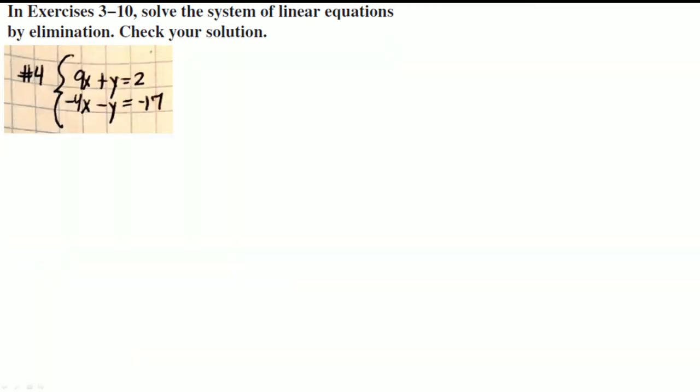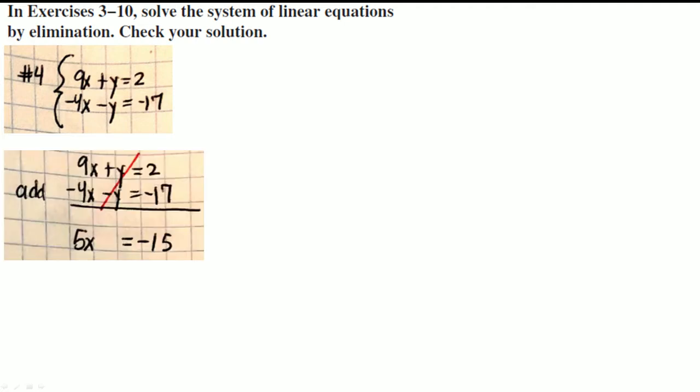Same instructions. My system was 9x plus y is equal to 2. My bottom equation is -4x minus y is equal to -17. You're going to add the y's together. The top, 9x minus 4x, if you add it together, it becomes 5x.